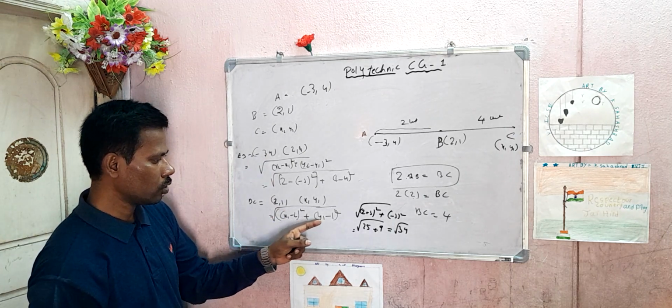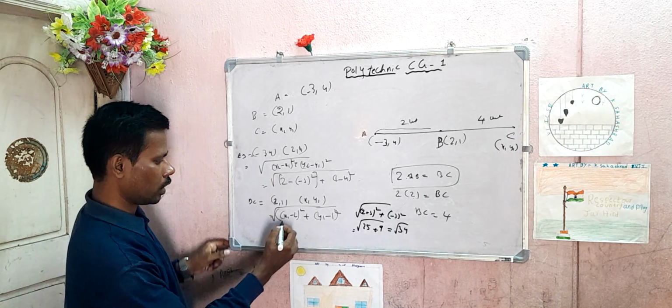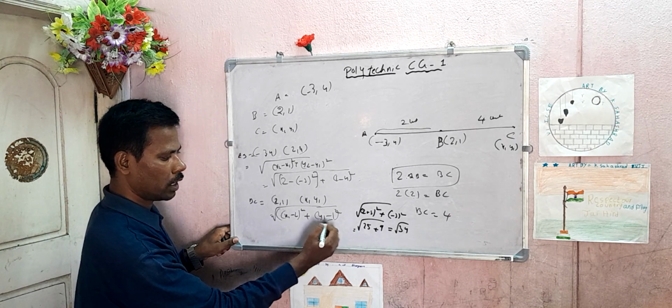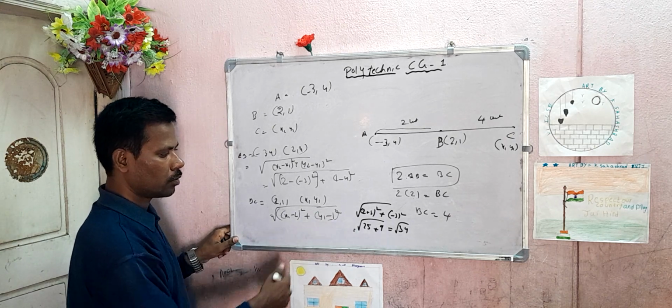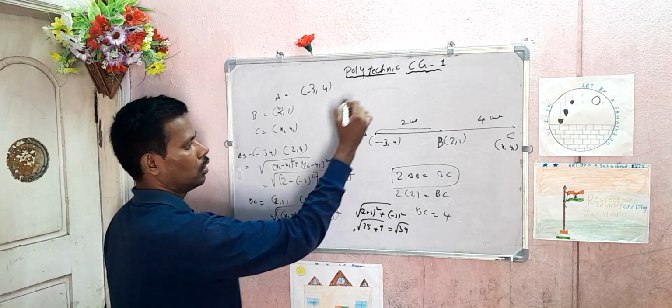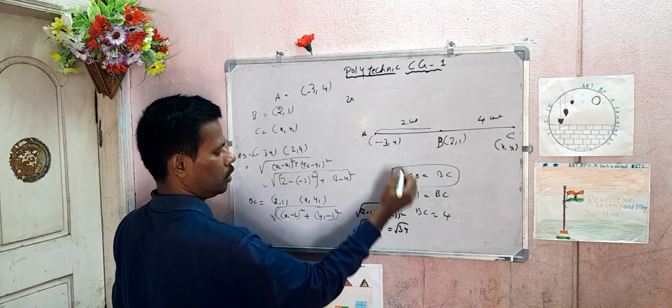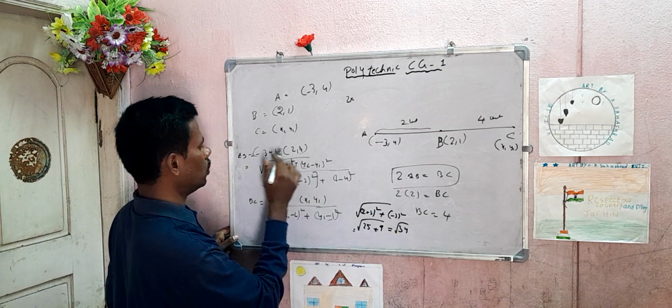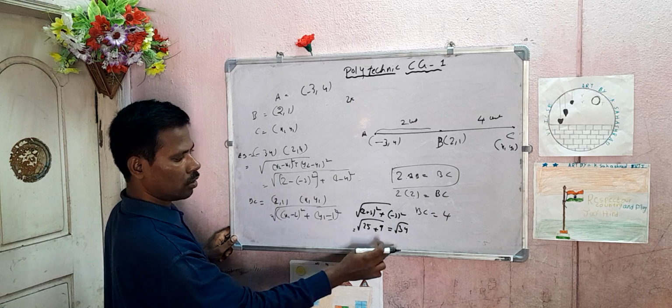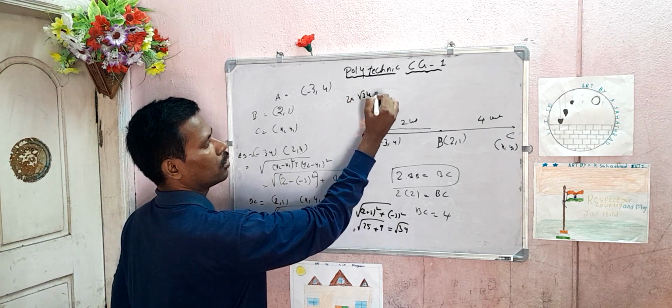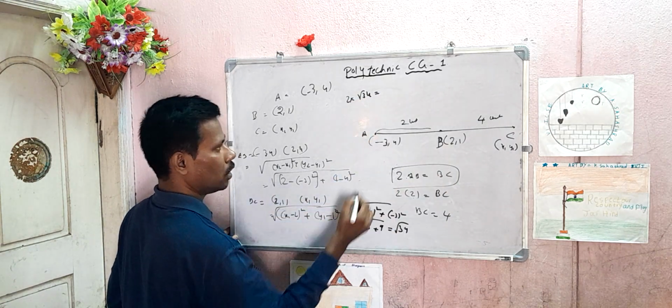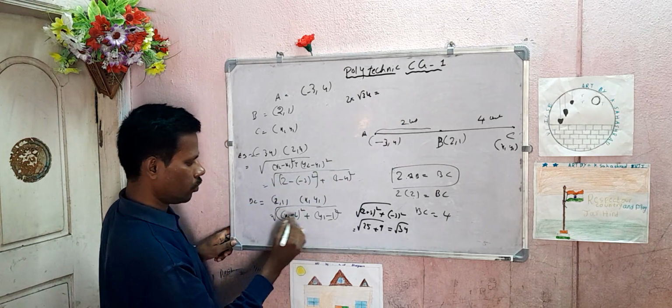And x1 minus 2 whole square, y1 minus 1 whole square. Apply a minus b whole square, and here also you apply a minus b whole square. Then what you have to do? 2 times AB. 2 times AB length is nothing but what you got just now, root 34 is equal to BC. BC is applied distance formula.